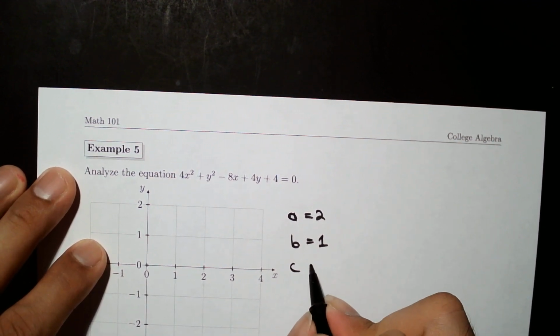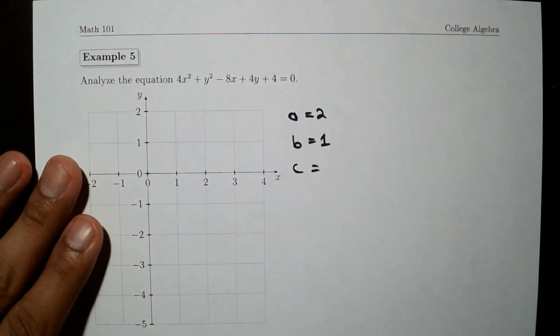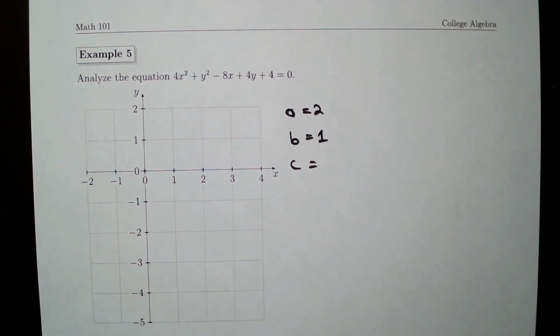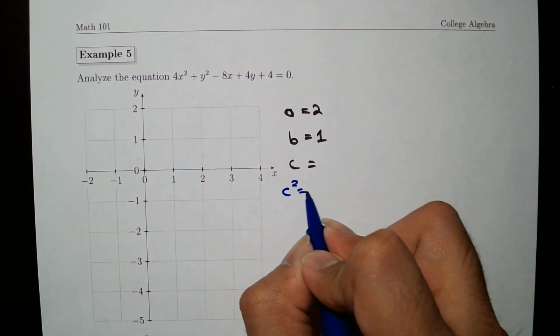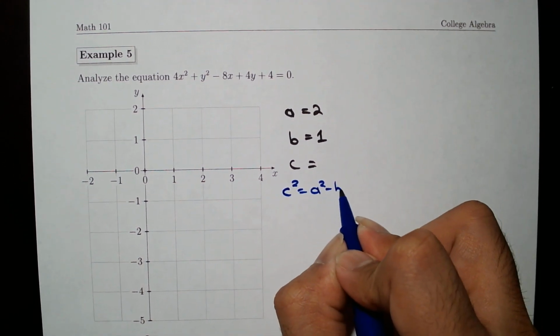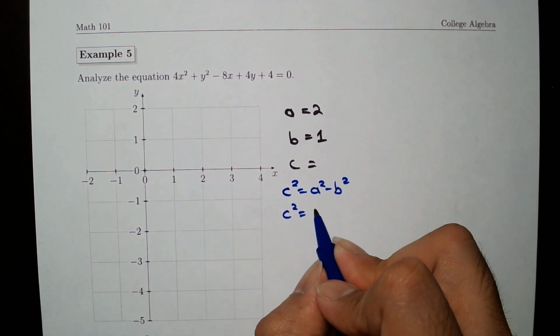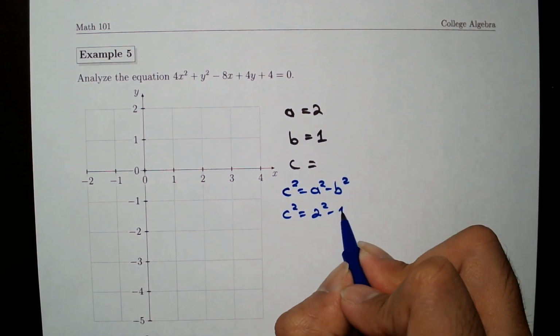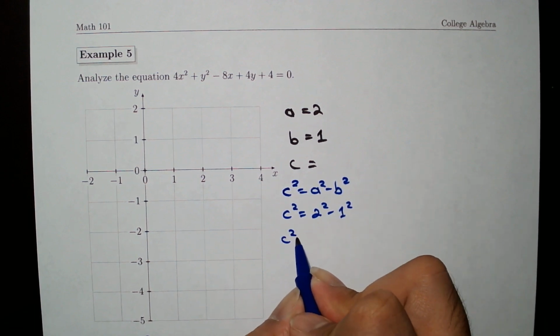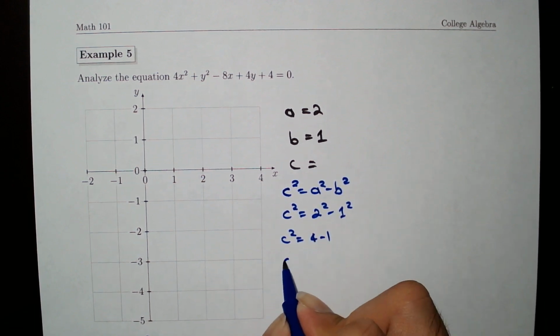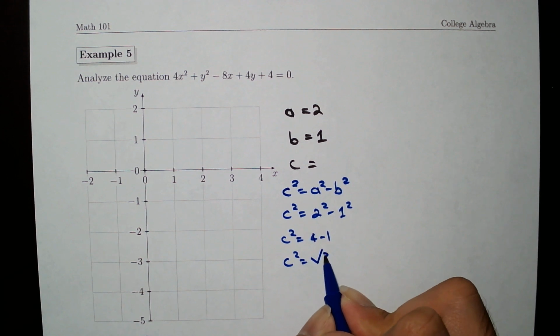We need to find out what C is. Again, we're going to use the formula to find C. So C squared equals A squared minus B squared. So C squared equals A squared, which is 2 squared, minus B squared, which is 1 squared. That's 4 minus 1, so C squared equals 3.